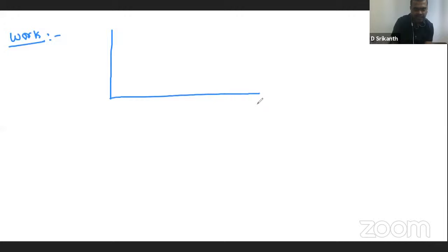Suppose let us consider the XY plane. This is the origin. Let us consider that with respect to the origin, I am having an object at a distance of 1 meter. This object has a mass m.